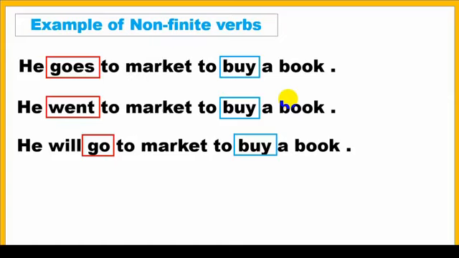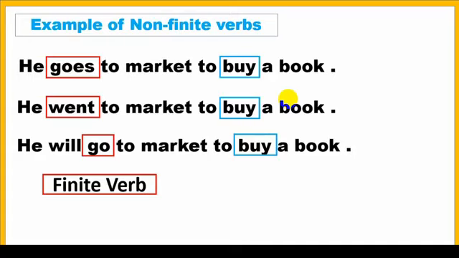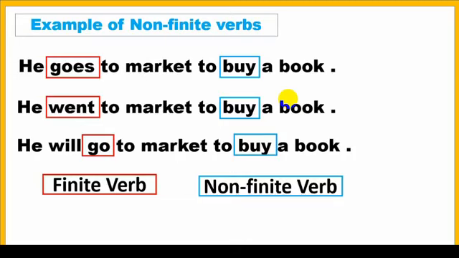So here goes, went and go are finite verbs, and look here, the other verb buy didn't change in any sentence. So we can say here buy is a non-finite verb.